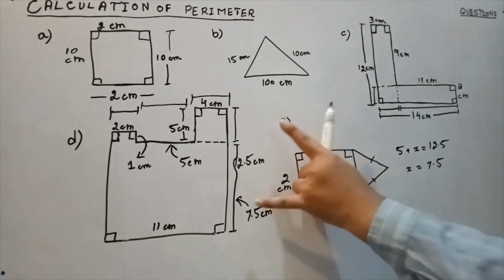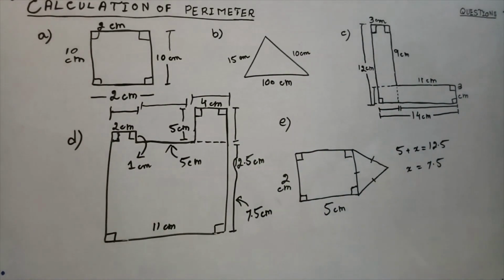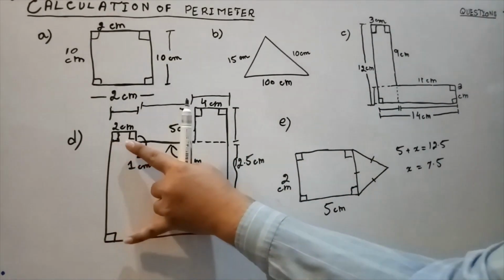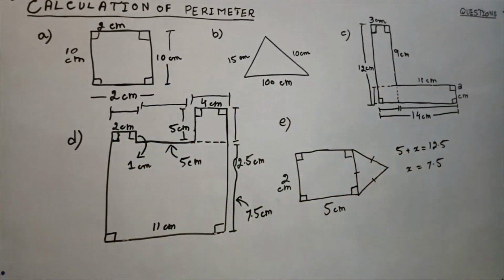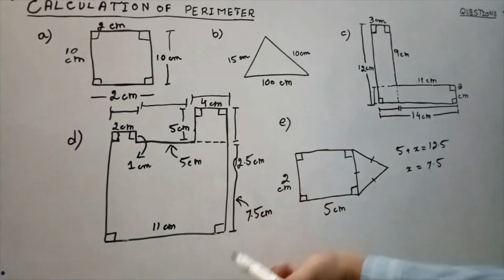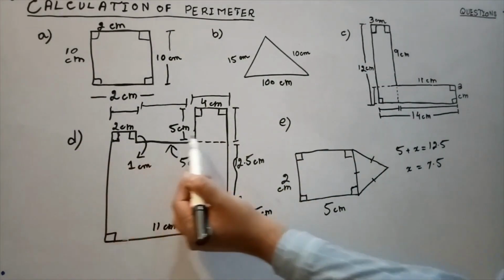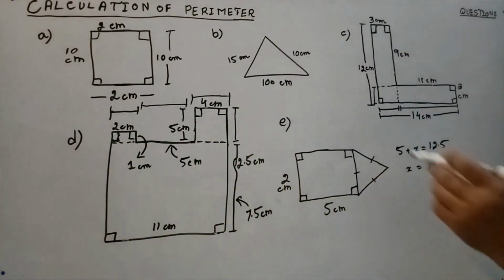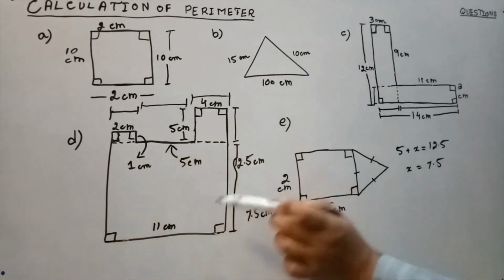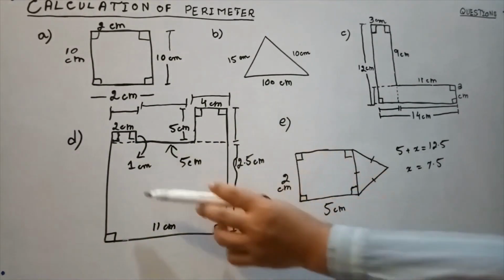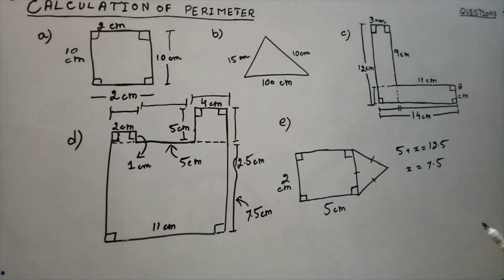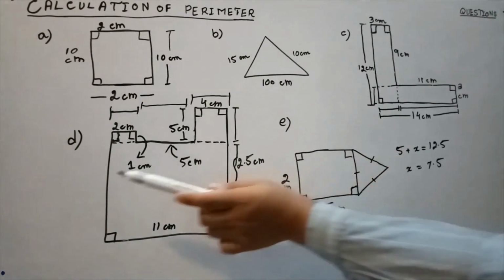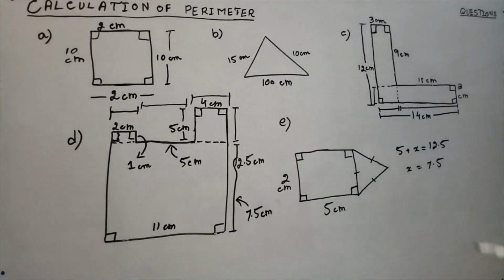If this one is 7.5 centimeters, then this one is also 7.5 centimeters, because if we consider only this rectangle, extending a line here, if this length is 7.5 centimeters, the opposite side will also be 7.5 centimeters.